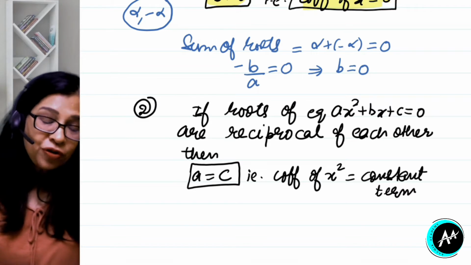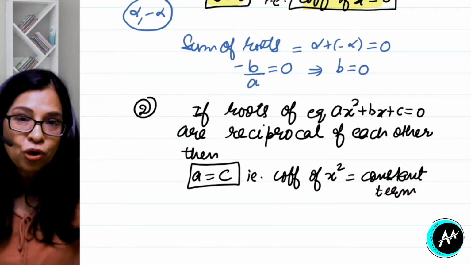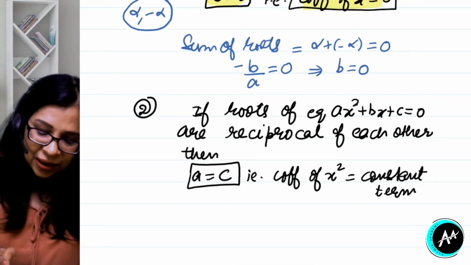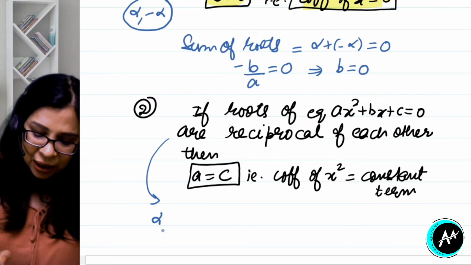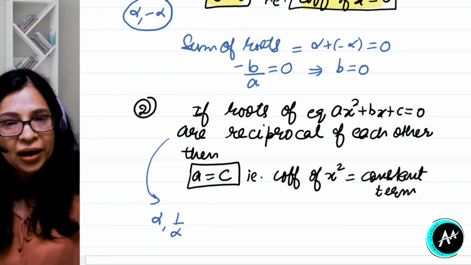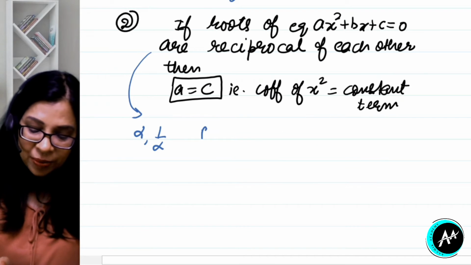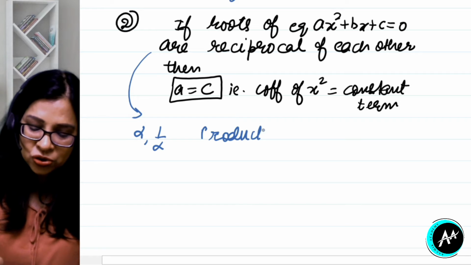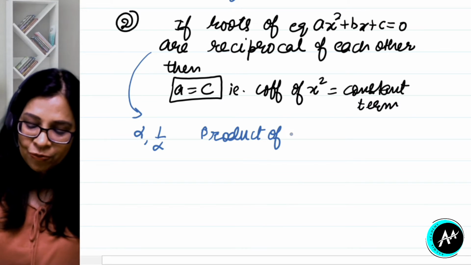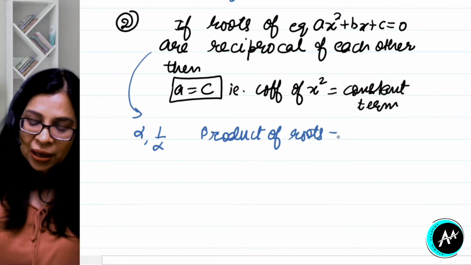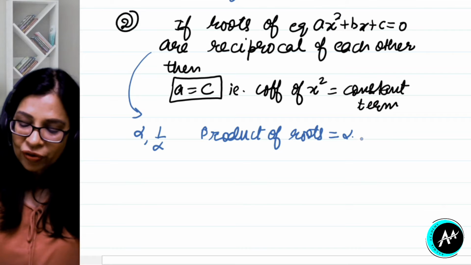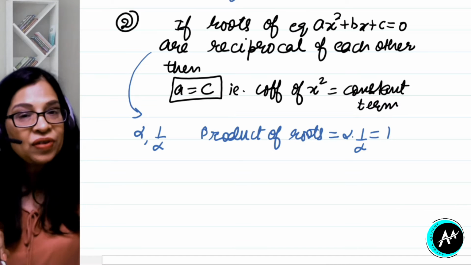Now look here, what do we mean when we say roots are reciprocal of each other? It means that if one root is alpha, other will be its reciprocal 1 by alpha. Got it? So if that is the case, then observe what will be the product of roots. So we have product of roots will be equal to alpha into 1 by alpha, which is 1, alpha will get cancelled.